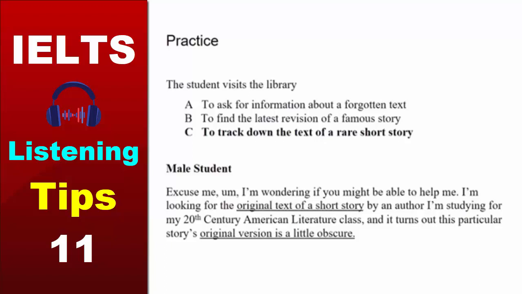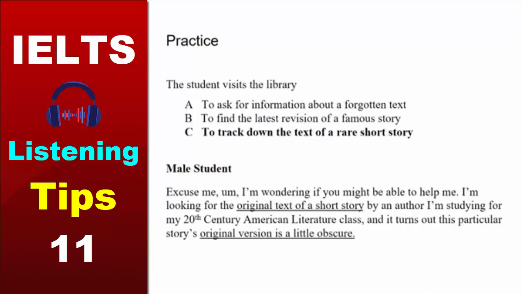But let's continue. He says, and it turns out that this particular story's original version is a little obscure. Another reason here why B is not correct, because obscure is not the same as famous. Obscure means rare.